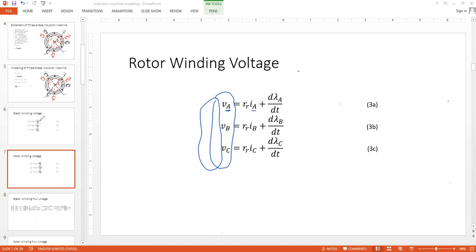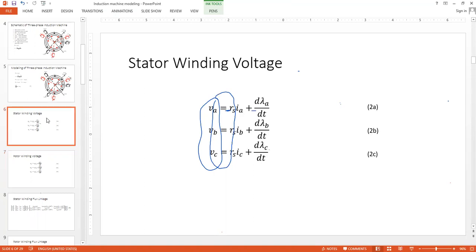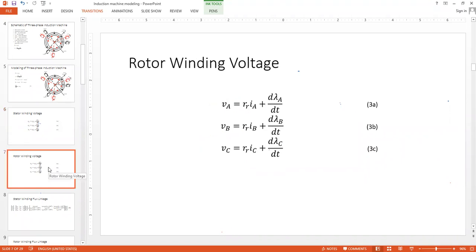Remember, VABC for the stator, these are applied voltages, okay? Physical voltage, applied real-life voltage. But in the rotor circuit, are we applying any external voltage VA, VB, and VC? So induced voltage, so it will be less than the stator voltage. Yes, the copper loss will be the error. Okay, so this is one answer. Anyone else?